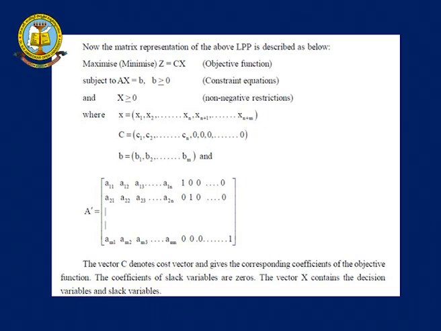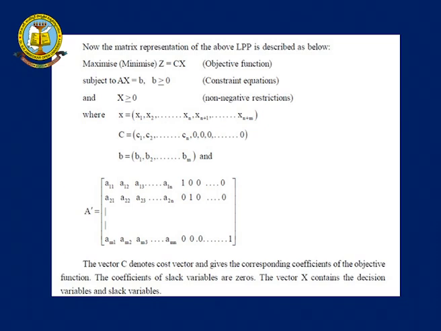So C is c1, c2, c3 up to cn and 0, 0, 0. And B is the right-hand-side values b1, b2, b3 up to bm. I have taken m constants, so B is a column matrix.